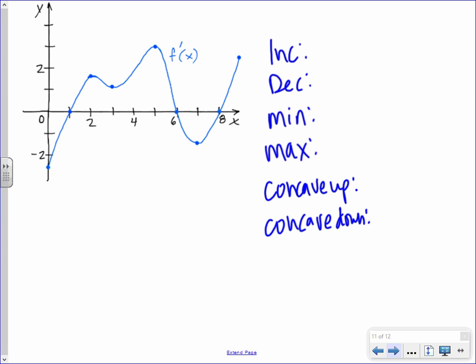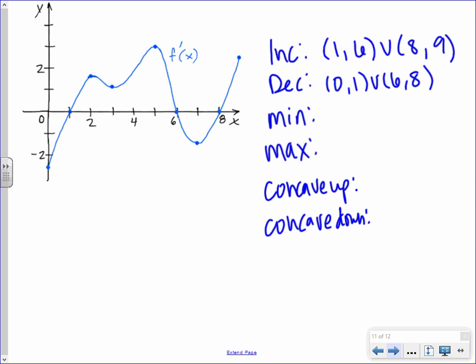So Larry, where's our derivative positive? 2 to 6. Oh, right. We'll just say 8 to 9, okay? Good. So Michael, where's our derivative negative? 0 to 1. 6 to 3. Okay. Good.